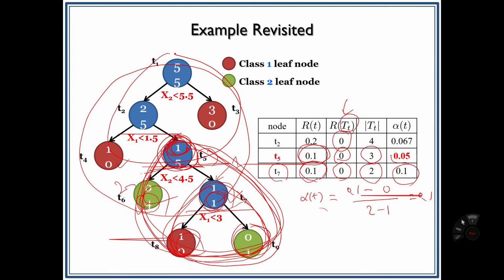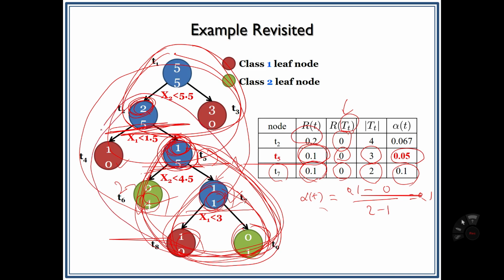Then we can compute alpha t, and for this split, the error rate by this upper part is this one, so 0.2, and error rate by this lower part is 0. And then the number of leaf nodes of this lower part is 1, 2, 3, 4, so this is 4.